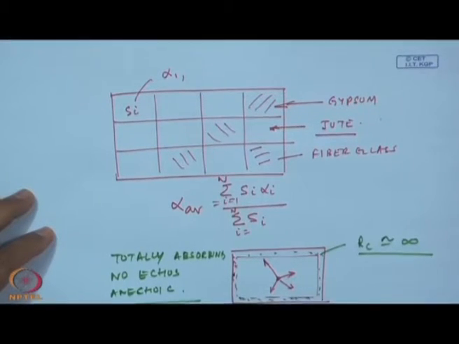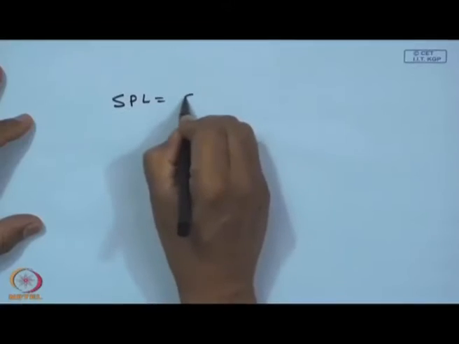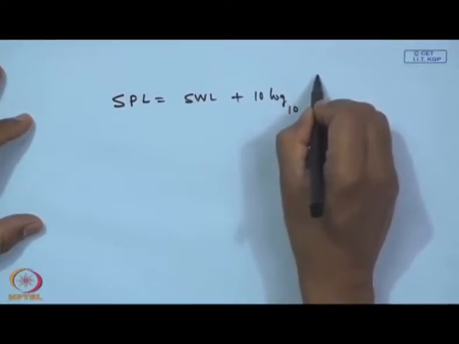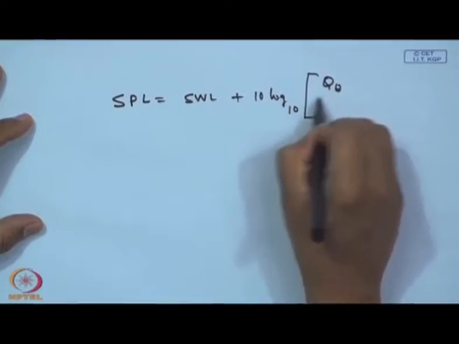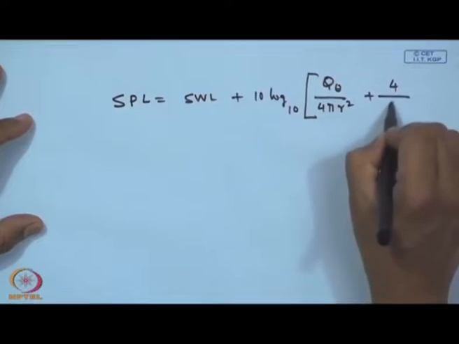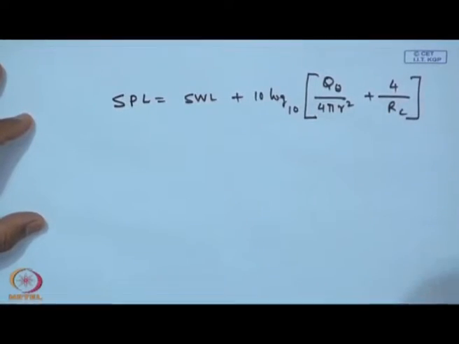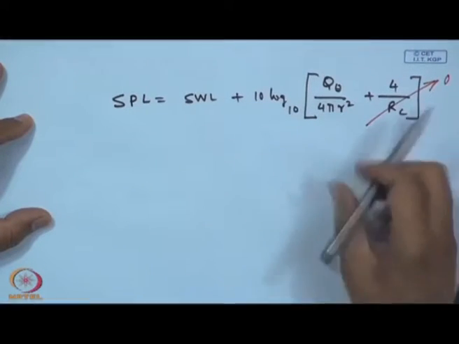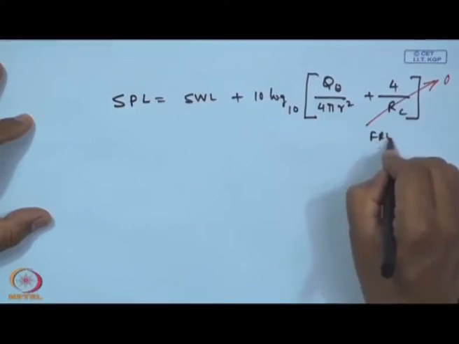So, only in the case of a free field condition, this problem will become: SPL will become SWL plus 10 log 10 of (q theta by 4 pi r square plus 4 by R c). So, this term will become 0 in the case of a free field condition.